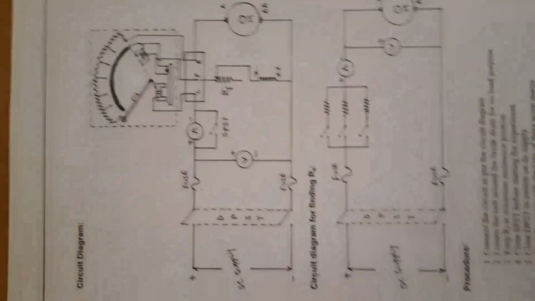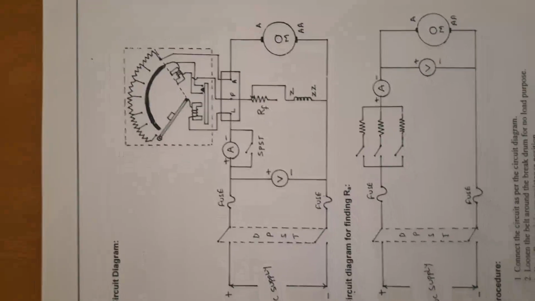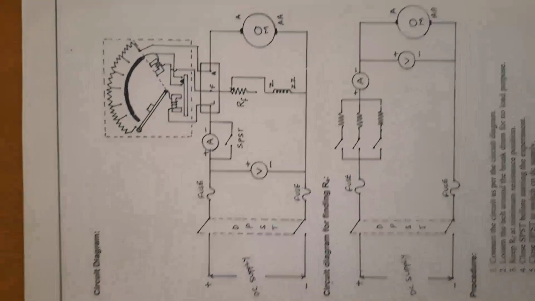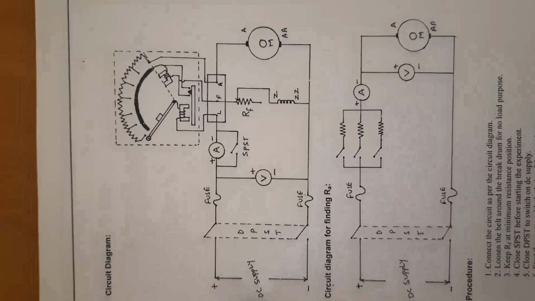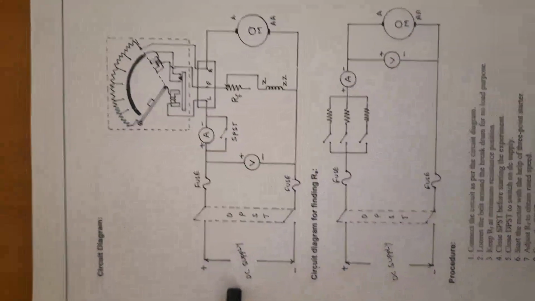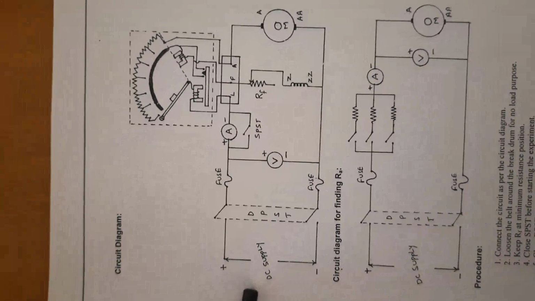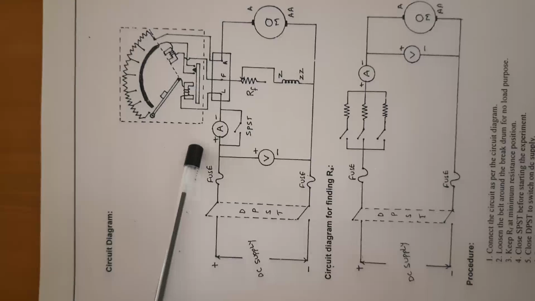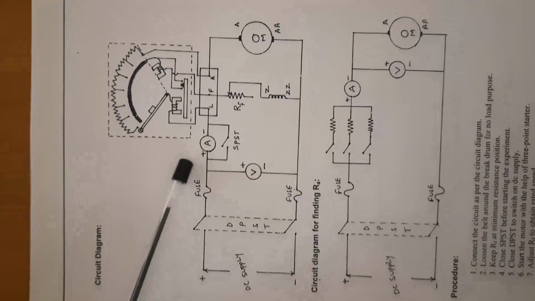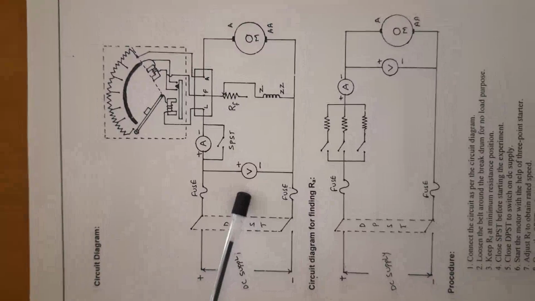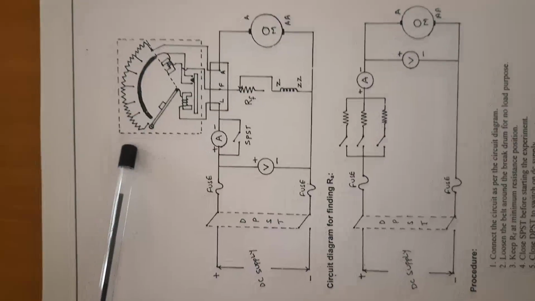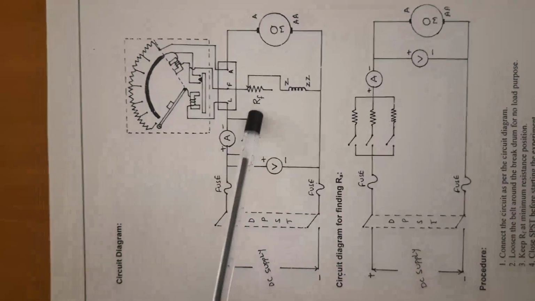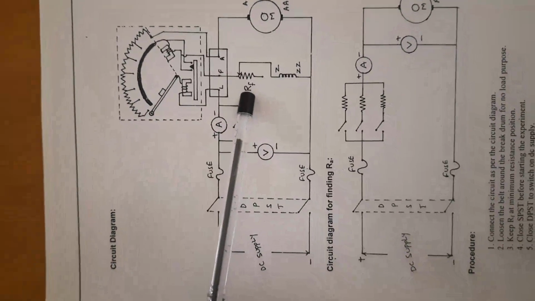Okay, and the circuit arrangement for conducting the Swinburne test is as shown in this top figure. So here the DC shunt machine is provided with DC electrical supply, and in order to measure the current under no load condition, that is no load current, we are using one ammeter, and in order to measure the input voltage, we are using one voltmeter, and the motor is started with the help of a 3-point starter, and in order to control the speed of the motor at the beginning, we are using one rheostat in the field circuit.